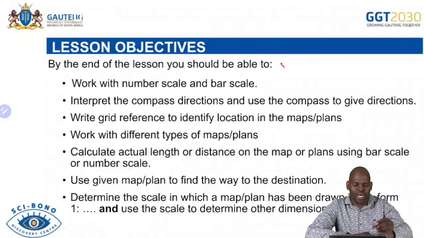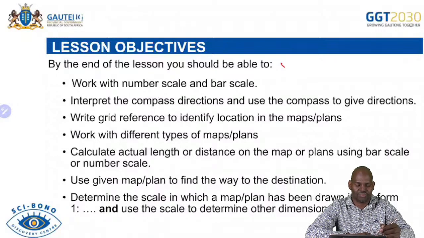You must also be able to interpret compass directions and use the compass to give directions. The third one is you must be able to write grid reference to identify locations in the maps or plans. And then you must be able to work with different types of maps or plans.